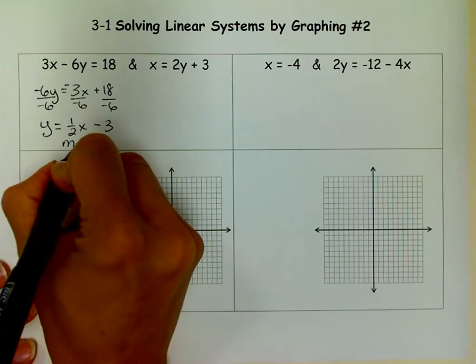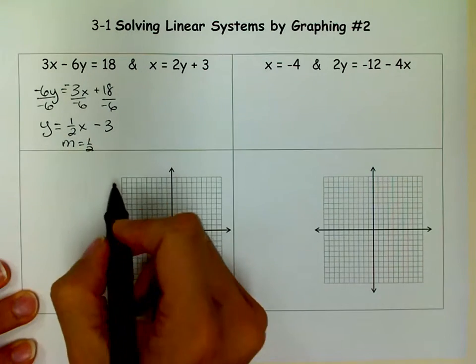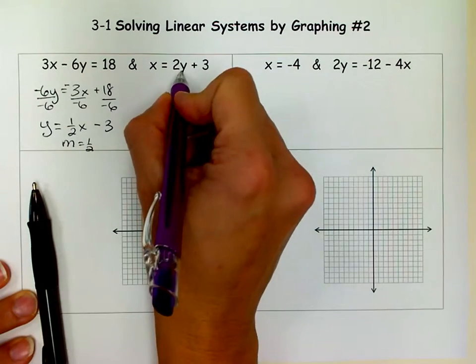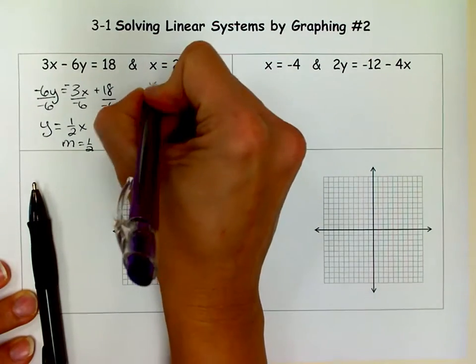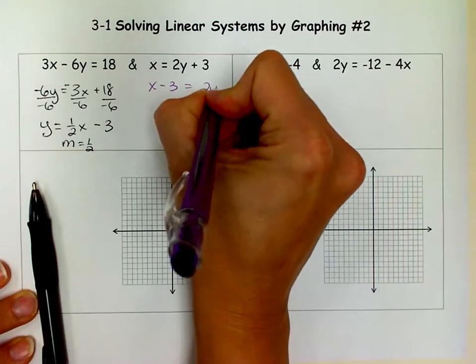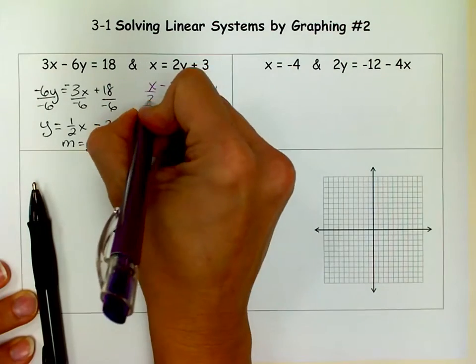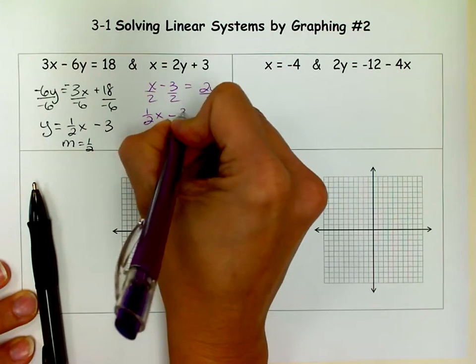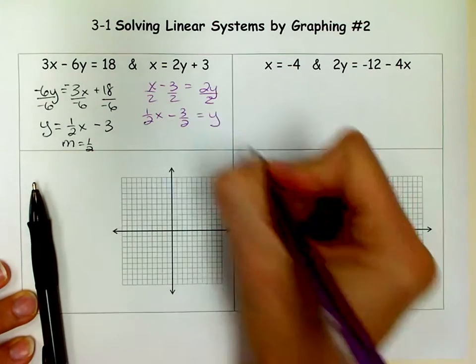So my slope is 1/2. My y-intercept is -3. For this one, to get y alone, I'm going to move the 3 over here first, and then divide by 2. So I have 1/2 x minus 3/2 equals y.